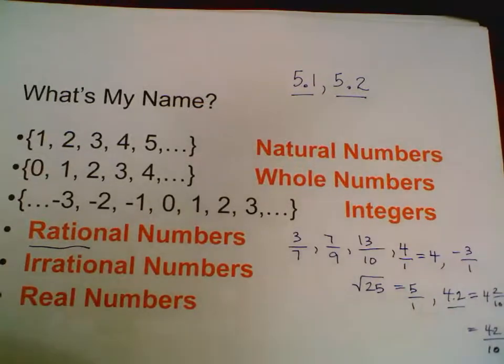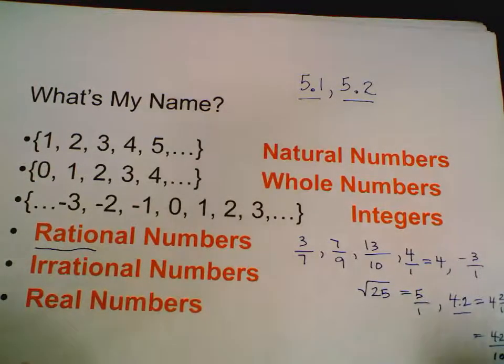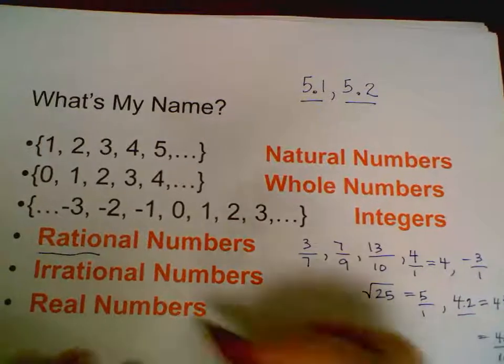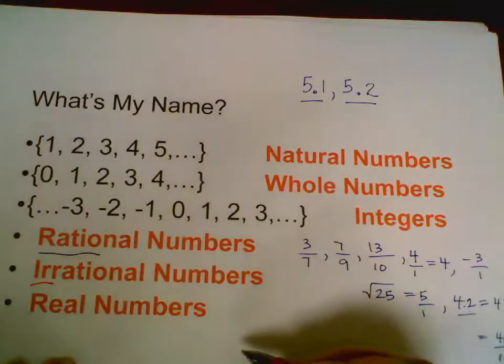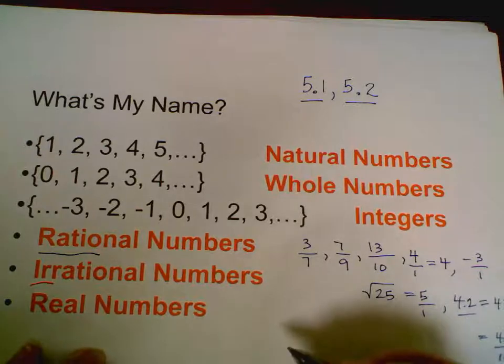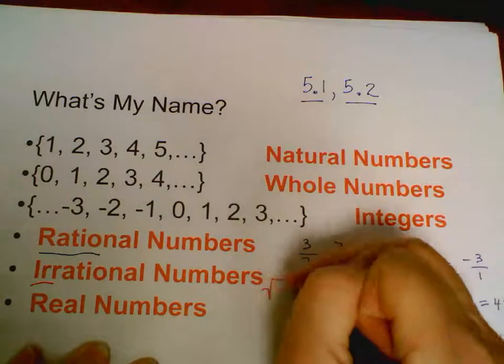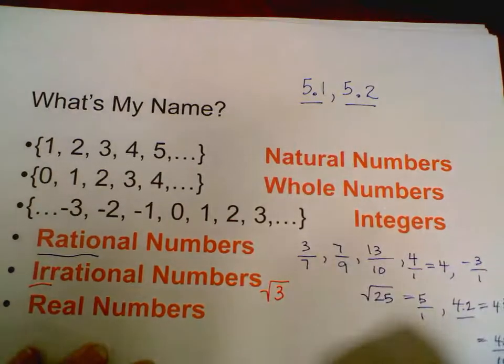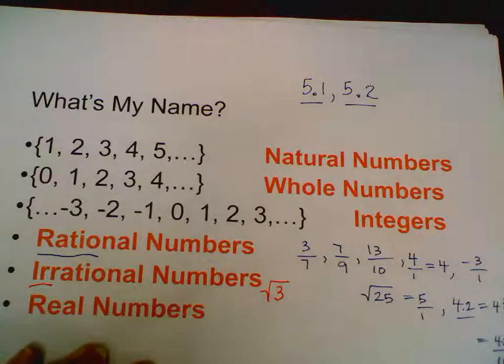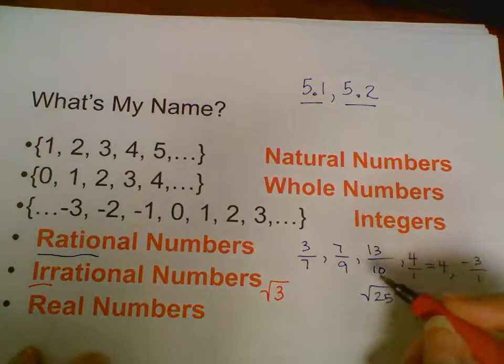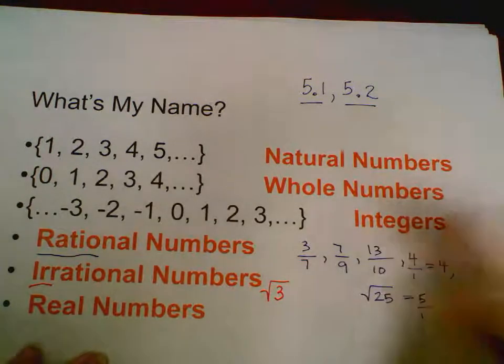But there are irrationals. There's even an infinite number of irrational numbers. Irrational means can't be made into a ratio, not rational. Square root of 3, for example, equals about 1.7, but it goes on and on, 1.732, on and on and on.